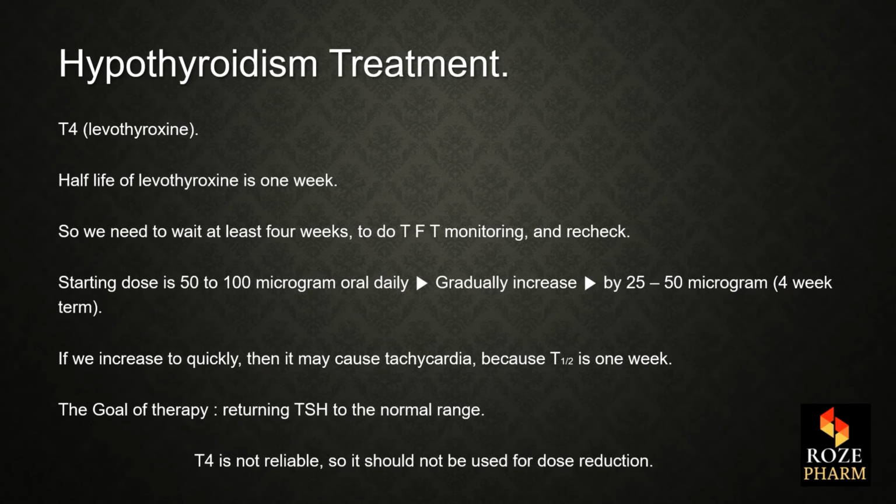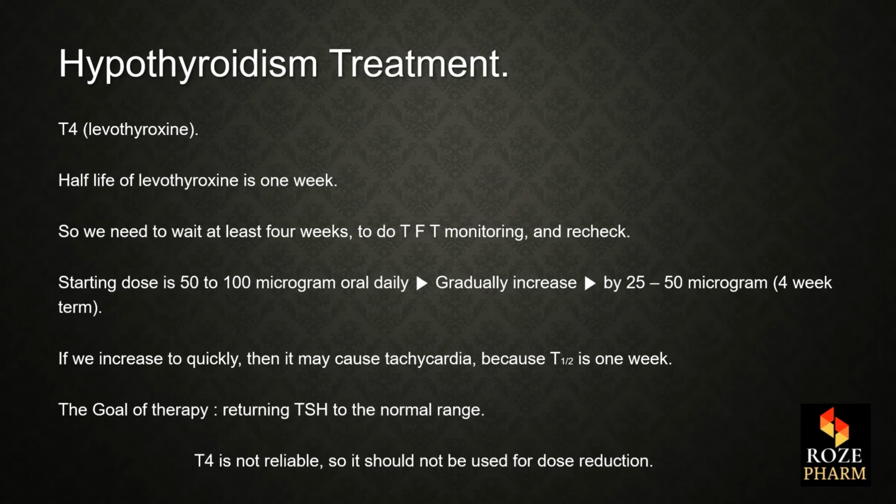How do we treat hypothyroidism? With T4, levothyroxine. The half-life of levothyroxine is 1 week, so we need to wait at least 4 weeks to do TFT monitoring and recheck. The starting dose of levothyroxine is 50 to 100 micrograms orally daily. We gradually increase by 25 to 50 every 4 weeks.